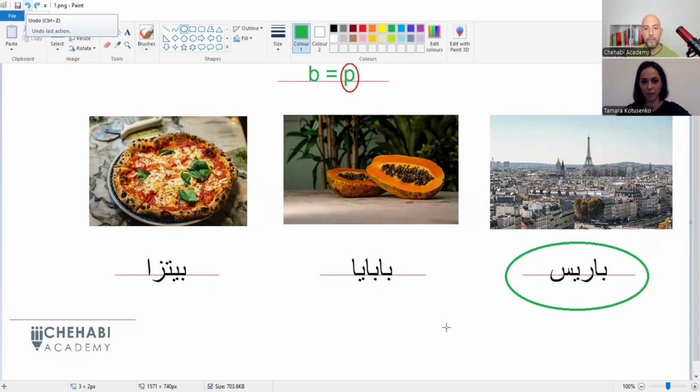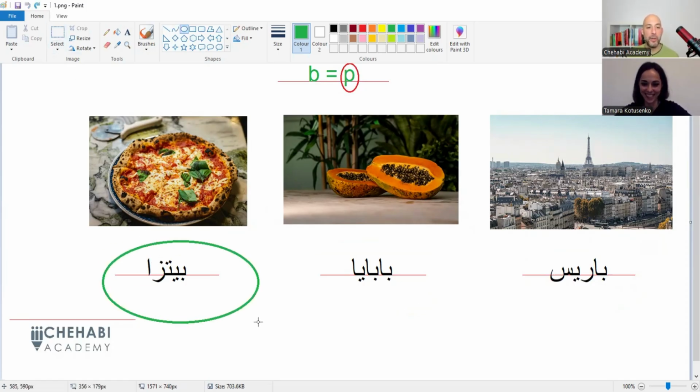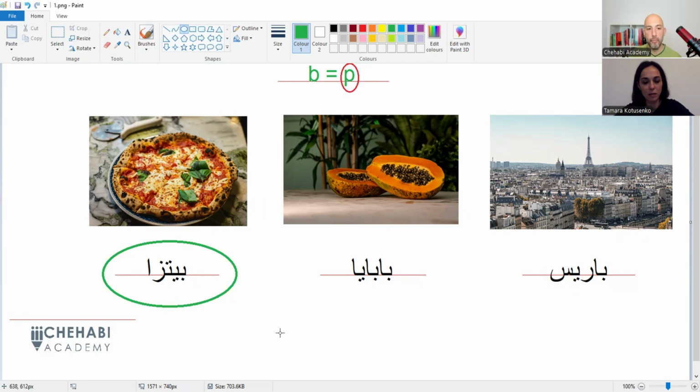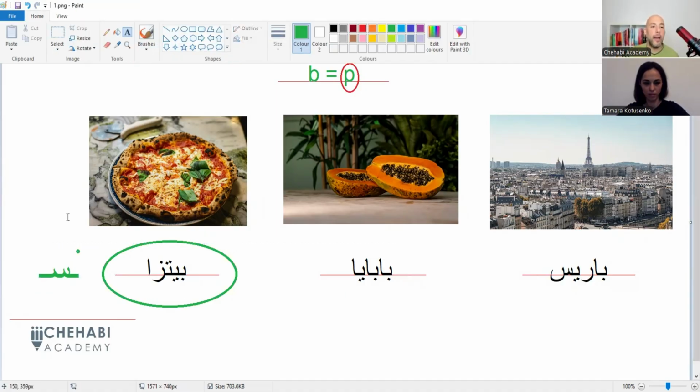Next word. Papaya. Exactly. We write babaya, we read papaya. Next word. Pizza. Actually, I could have written the seen to have pizza, but this is the way Arabs write the word pizza.